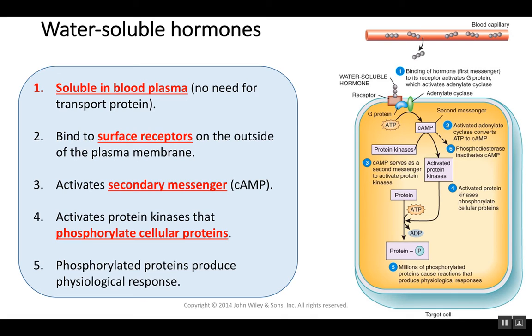Notice there's no DNA involved here, so it's not a genetic expression change. It's more of a protein on-off change. So what I would like you to do is focus on the differences between how a lipid-soluble hormone works and a water-soluble hormone.